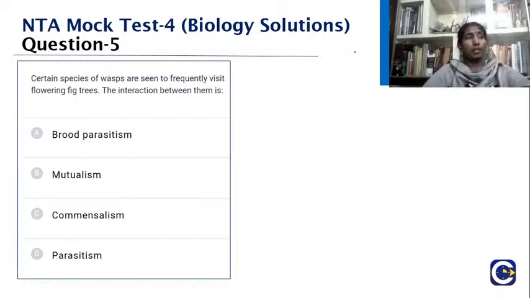So what should be the answer? Between a wasp and the flowering fig tree, brood parasitism is different. That is between the crow and cuckoo, right? Commensalism is different, where one is getting benefited and the other is neither benefited nor harmed. But here that visit is going to benefit both. So what we call that is mutualism.